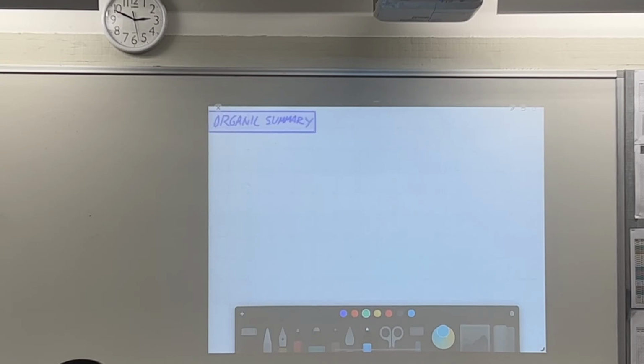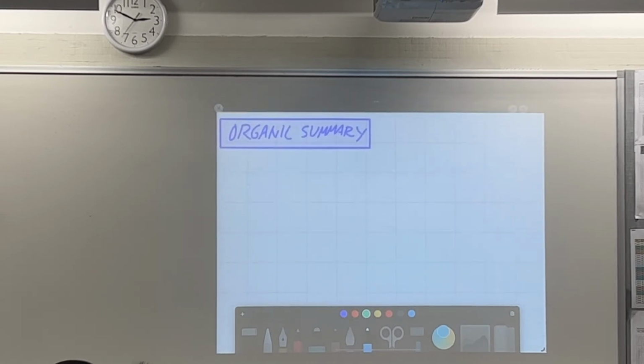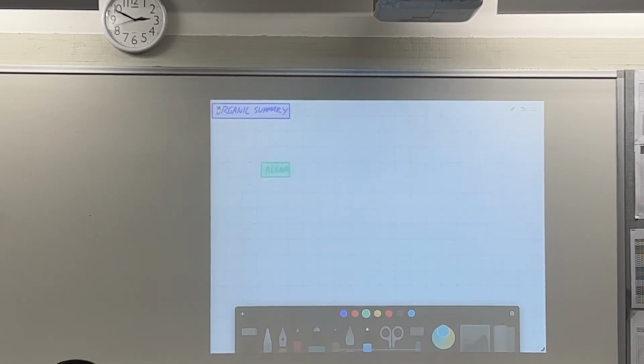We have alkane here. There are two approaches for students. If I were you, as a beginner to organic chemistry, I would first write out all the reactions associated with each compound. We'll look at them individually first, and then we'll try to tie them all together, which is what we'll do now.